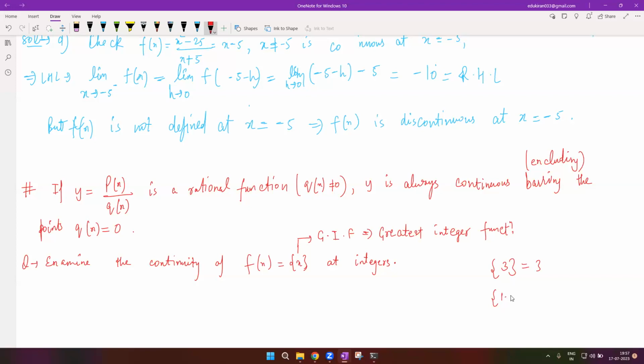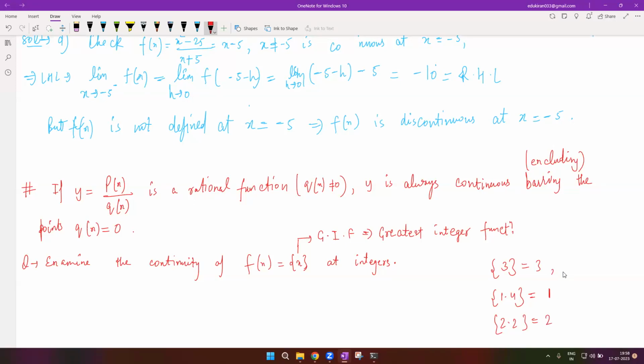Now the problem arises when there is not an integral input. Let's say I am giving 1.4. What will be the answer of curly braces 1.4? The answer will be 1. जो just छोटा integer है. The greatest integer that is just smaller than 1.4 will be the answer. So GIF of 1.4 will be 1. GIF of 2.2 will be what? 2.